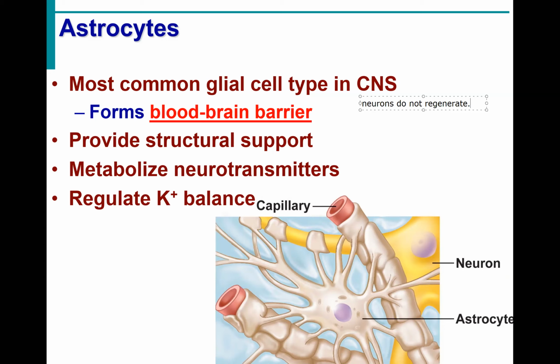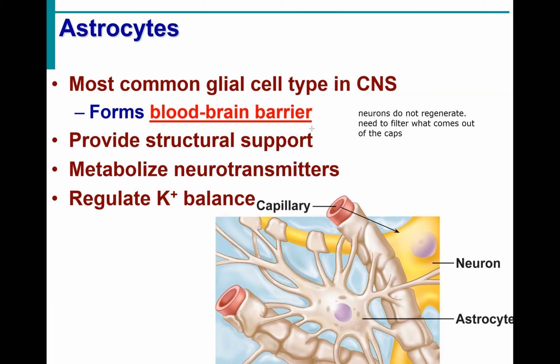And so we need to be really careful about what gets into and out of our brain's interstitial fluid. Basically, we need to filter and regulate what comes out of the capillaries. And that's what our astrocytes do. They help to form a protective barrier to limit what types of things can get out of this capillary and have the potential to affect our neuron.